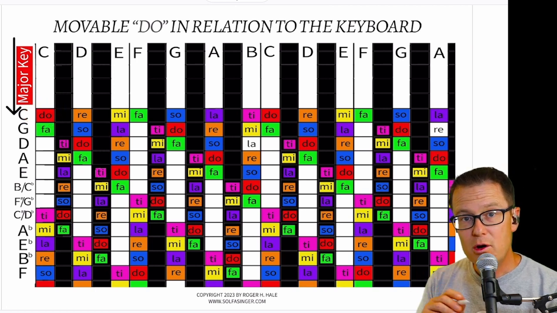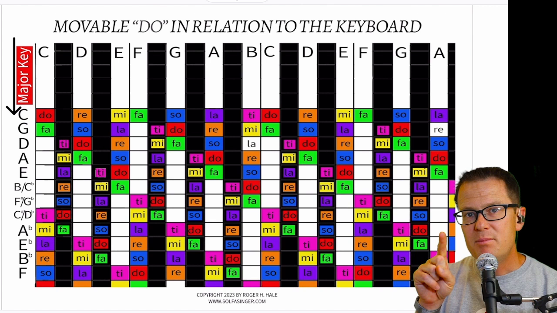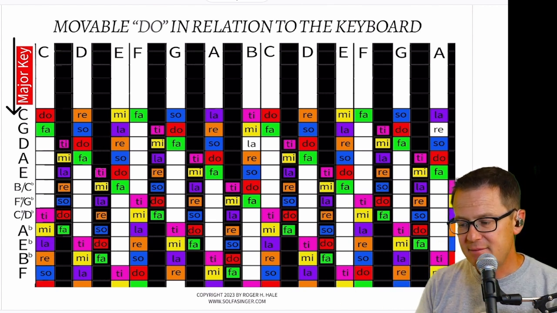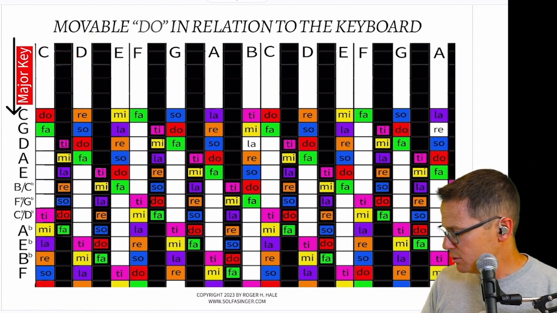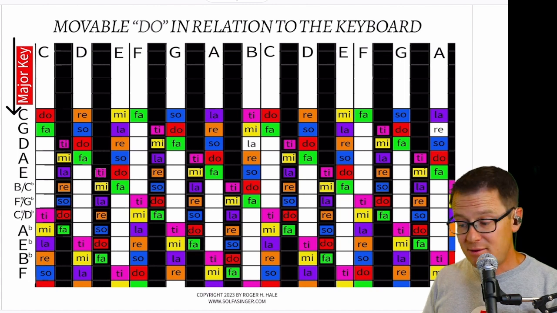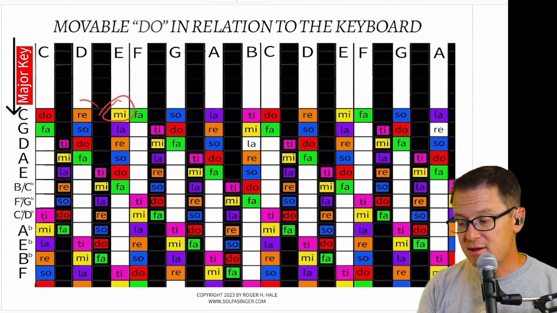Do, no sharps or flats, but the Dorian mode starts on re, which is D. D right there. Re, mi, fa, sol, la, ti, do, re. So notice I just was on the white keys all the way up.